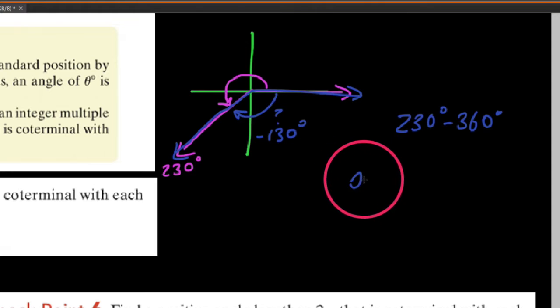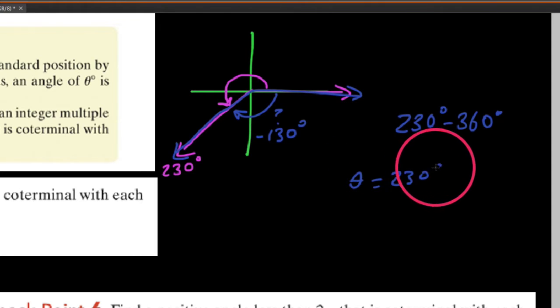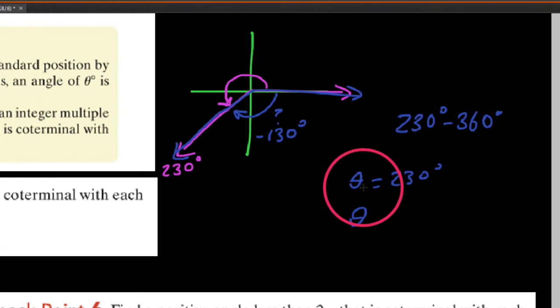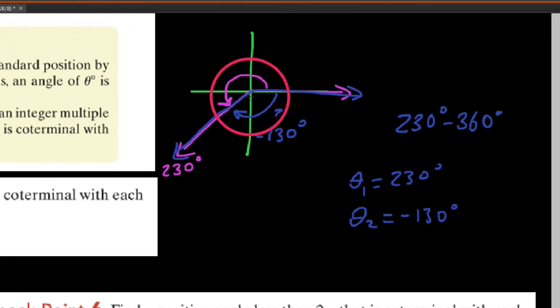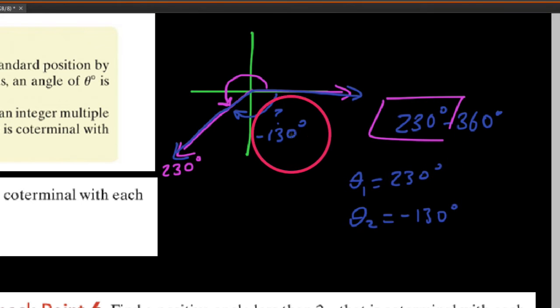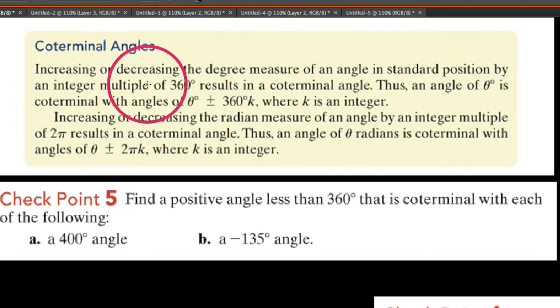We would say that the two angles, the first one 230 degrees and the second one, theta 1 and theta 2, with negative 130 degrees, have to be coterminal with one another because they terminate in the same spot. So the key is that if I'm ever given an angle and I want to find an angle coterminal with it, all we need to do is add on or subtract off, or increase or decrease, the original degree measure by any integer multiple of 360 degrees, and by integer we just mean whole number.